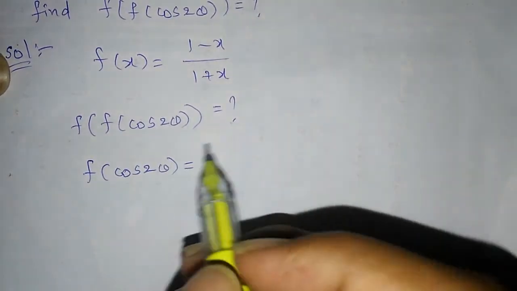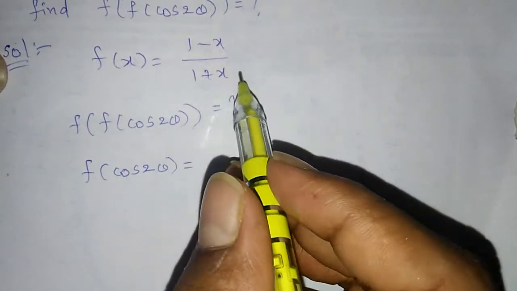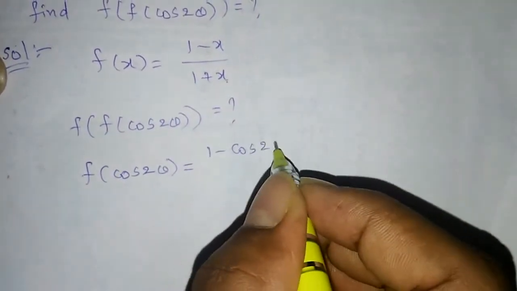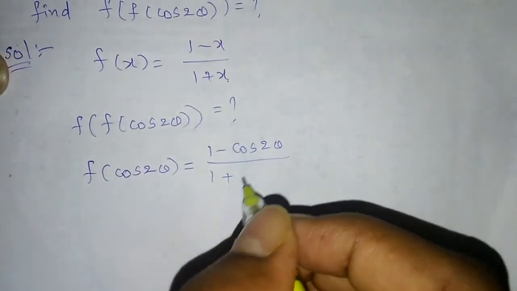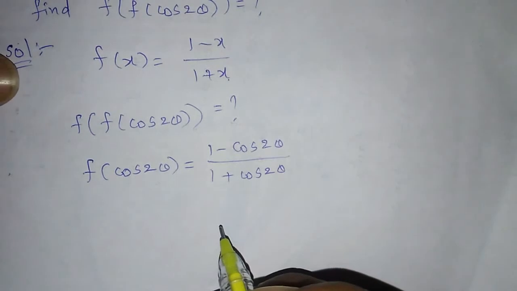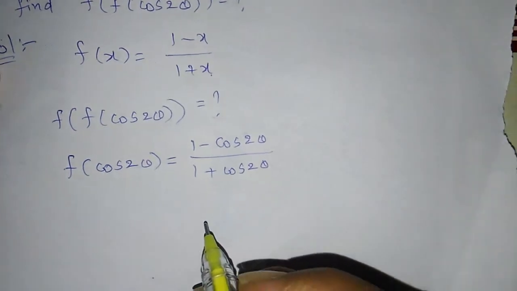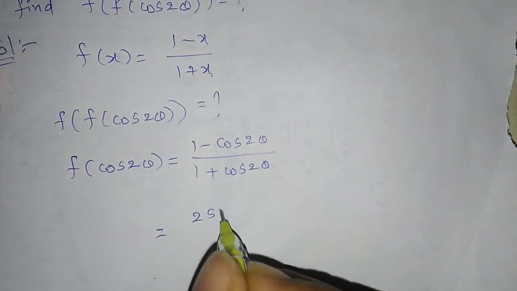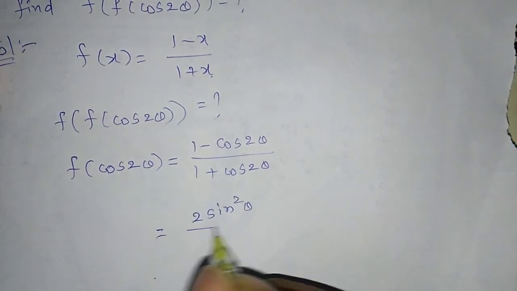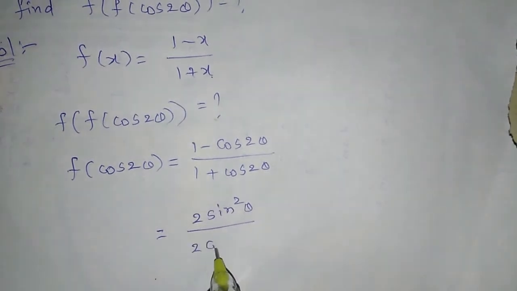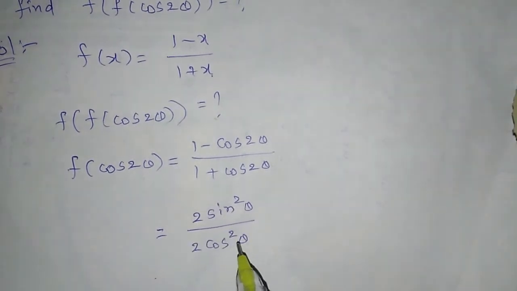So that is, put x is equal to cos 2 theta here, that is (1 minus cos 2 theta) by (1 plus cos 2 theta). So that is equal to, 1 minus cos 2 theta is 2 sin square theta, that is submultiple angles formula. 1 plus cos 2 theta is 2 cos square theta, it is also submultiple angles formula from trigonometry.